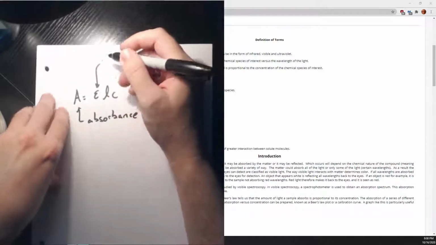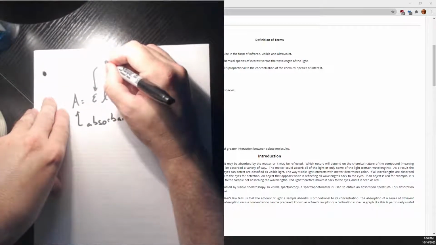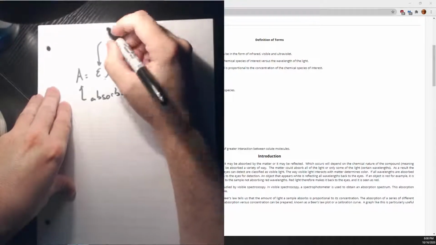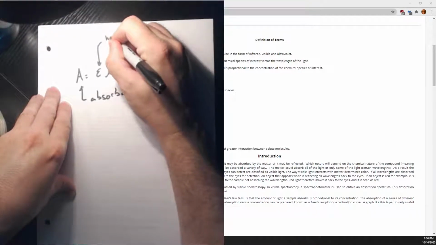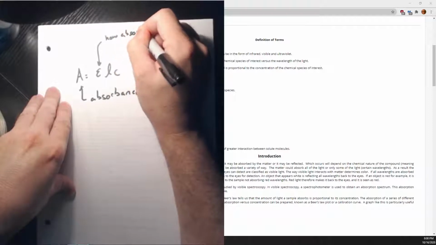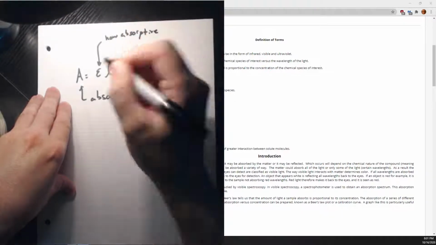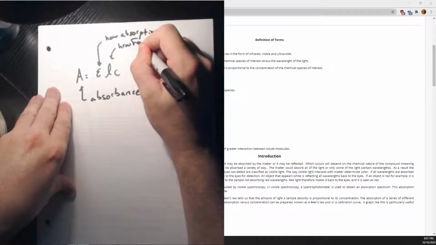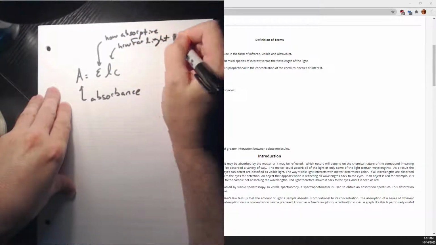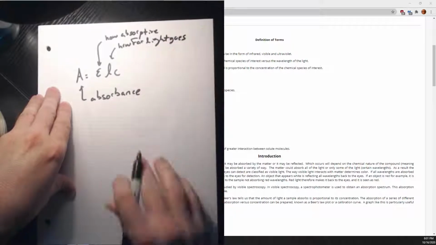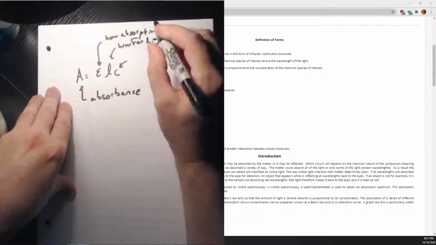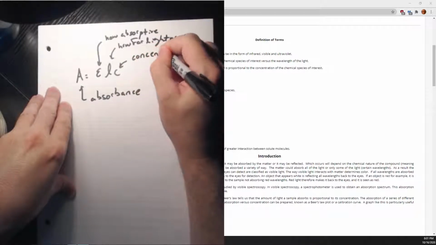Epsilon, that is a physical property of the substance being measured. So it's how absorptive it is for that particular frequency of light. L, how far light goes. Basically, how long of a path does the light have to take to get through the thing. And C is the concentration.